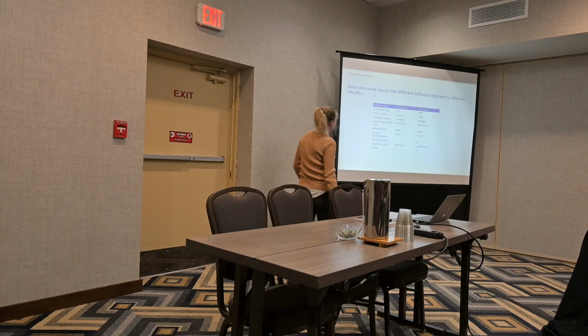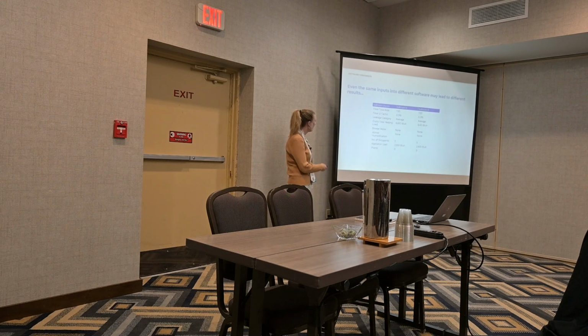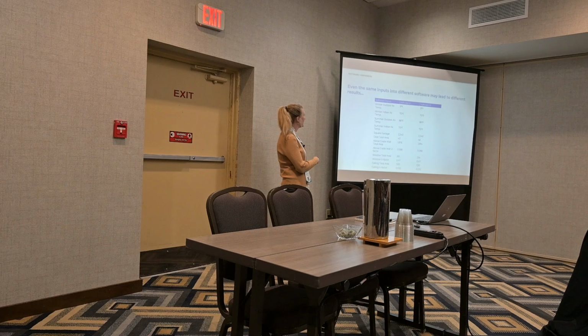But we tried to get as close as we could. Ducts total heating load, 6,600 for software A, 6,451 for software B. We wanted to test if I design the same home in two different software programs, are the results going to come out the same, or are they going to be different?